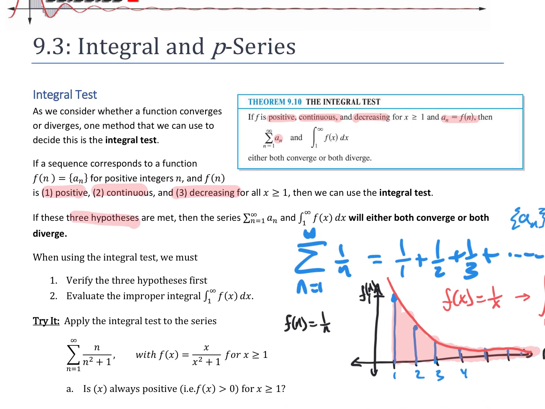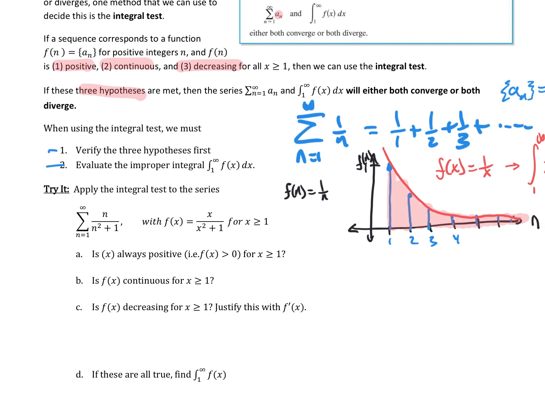So when using the integral test, we must first verify whether the three hypotheses are true. If that's the case, then we can evaluate the improper integral and decide whether it converges or diverges. So let's give it a try. Here we have the summation of n over n plus 1.